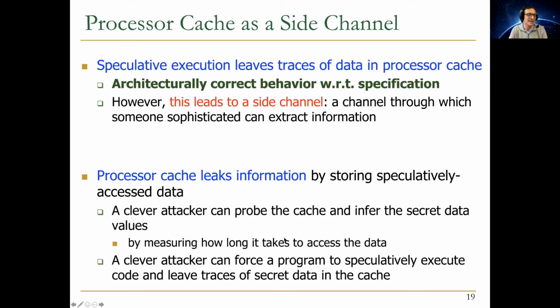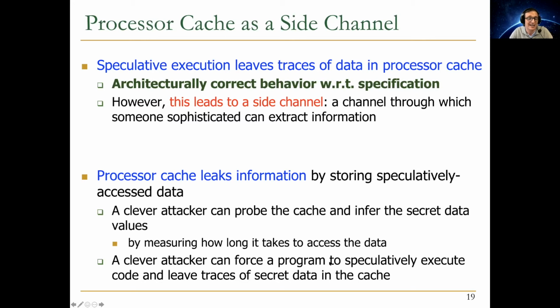So this is where things become a little bit more complicated, because you don't access the secret data directly. You really access something that enables you to infer the value of the secret data. And the way you infer this is really by measuring how long it takes to access the data. Okay?